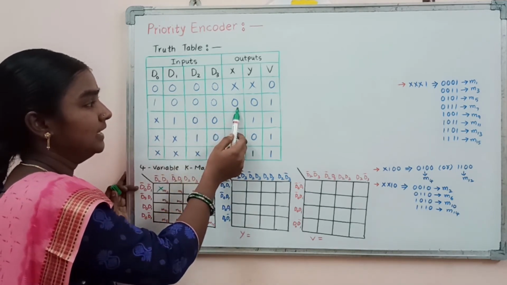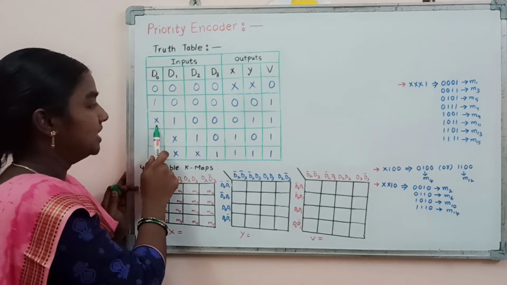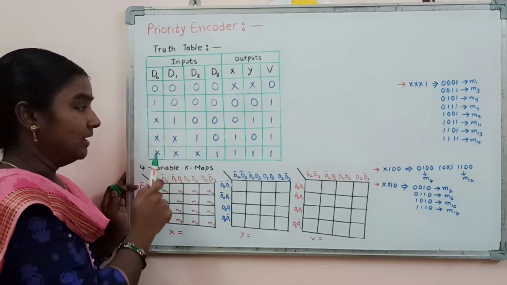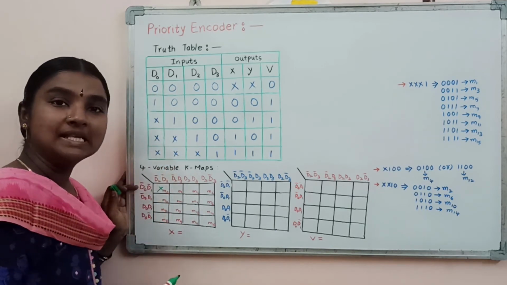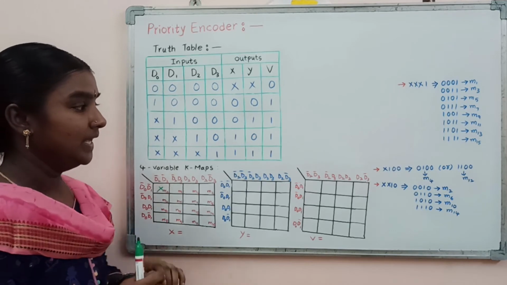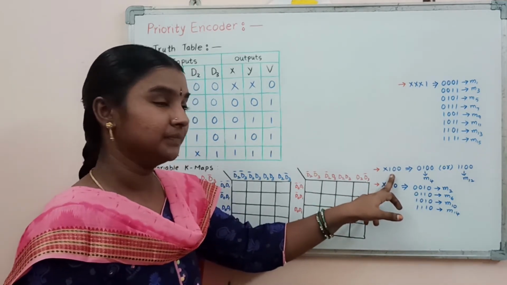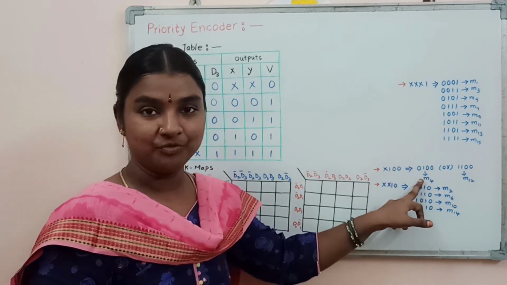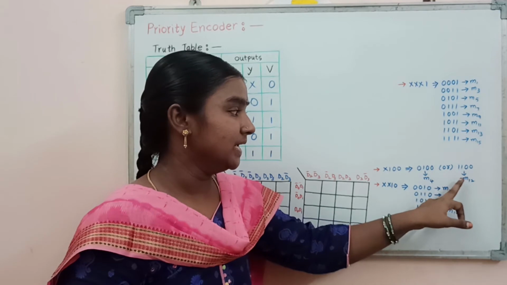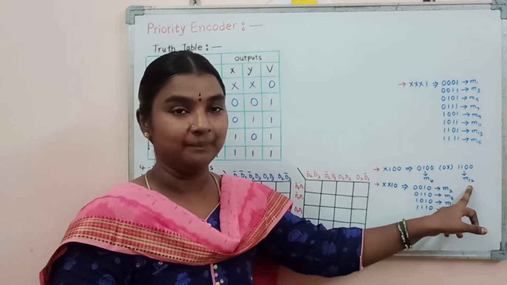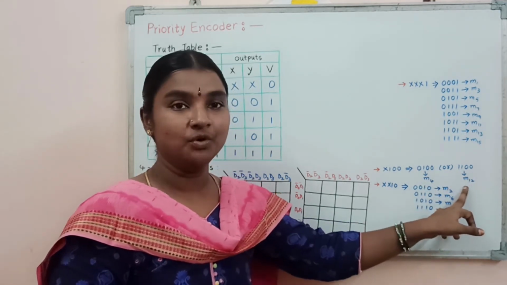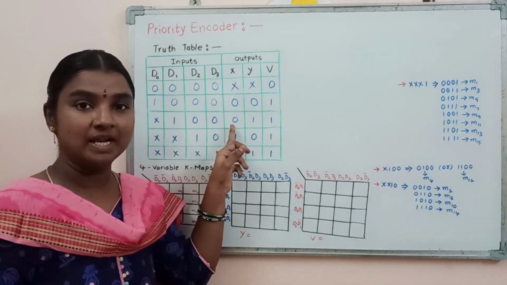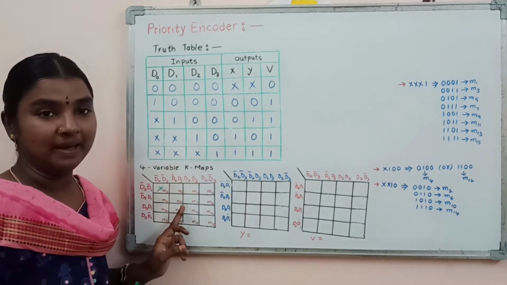Coming to the other combination, don't care 1 0 0, for D0 we may assign 0 or 1. Considering D0 equal to 0, it indicates the M4 minterm, and considering 1, it indicates the M12 minterm. For these two minterms the value is also 0, so we are not considering them in this K-map.